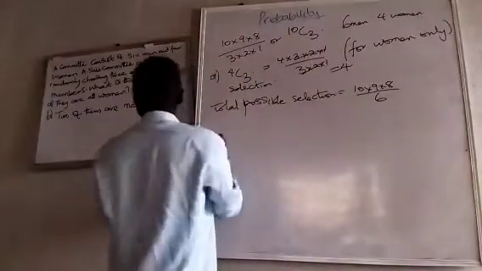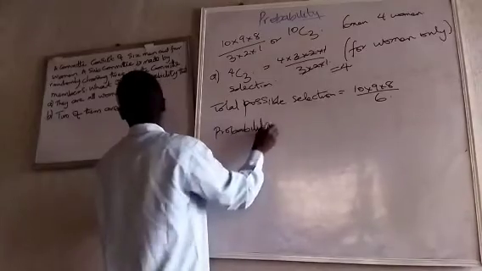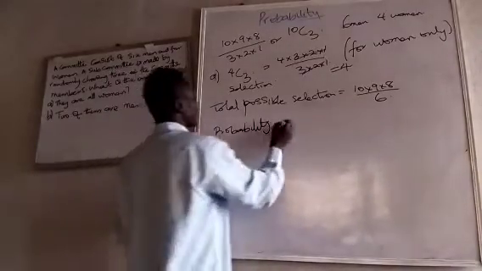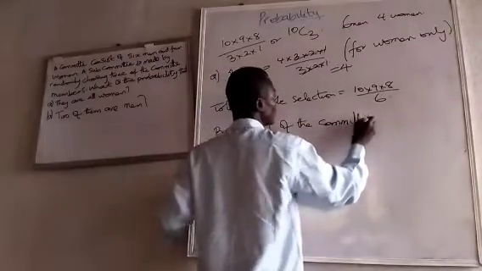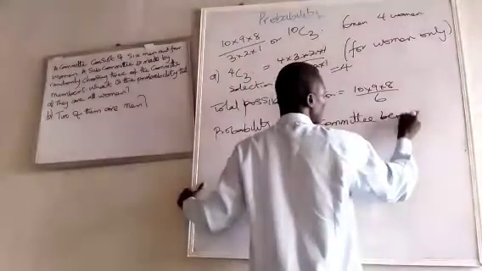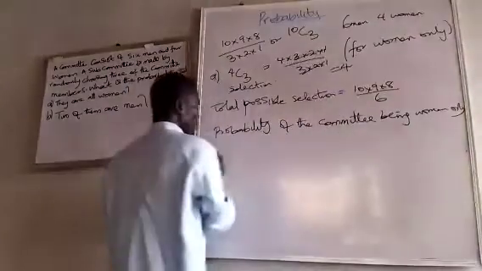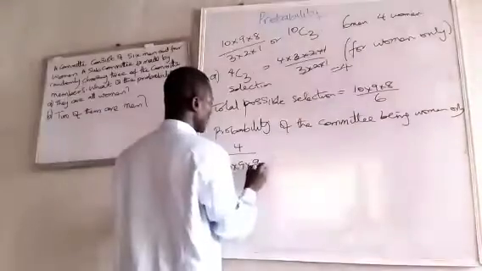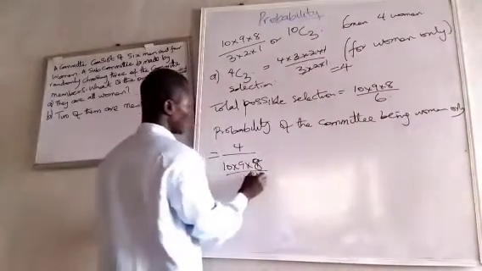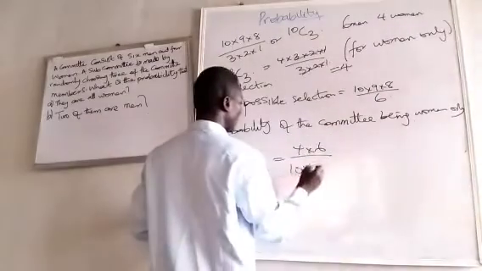Therefore, the probability of the committee being women alone is going to be 4 divided by 10 times 9 times 8 divided by 6, which is 4 times 6 divided by 10 times 9 times 8.